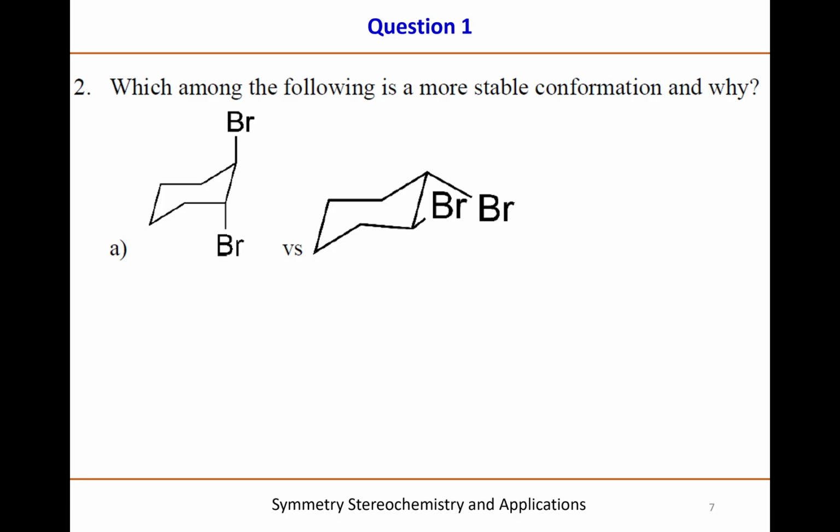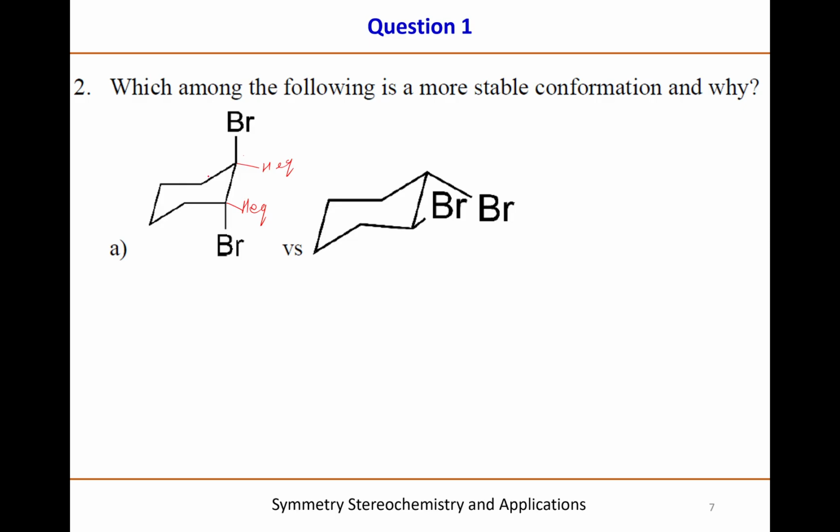Now the next question is, which among the following is a more stable conformation and why? Anybody? We have to draw both the projections here. In chair conformation, you can see that both are present on axial position. This is called equatorial in this cyclohexyl conformation.